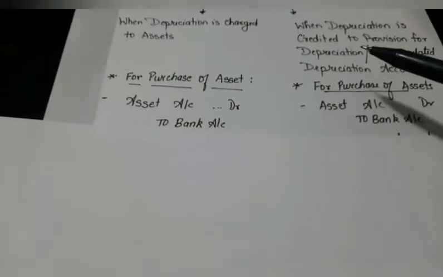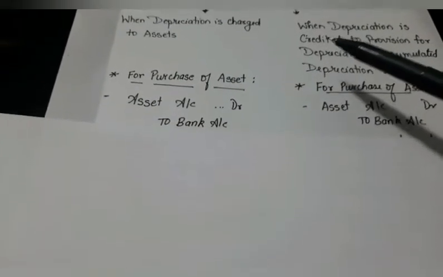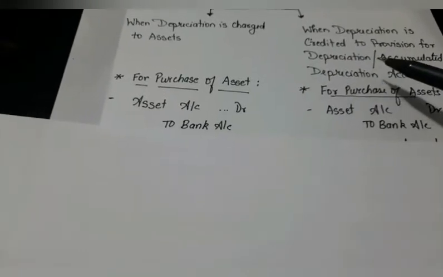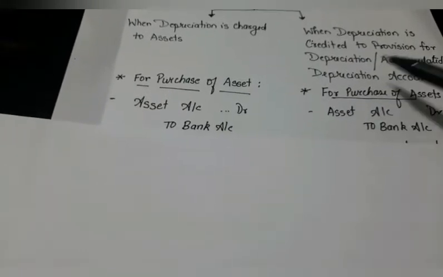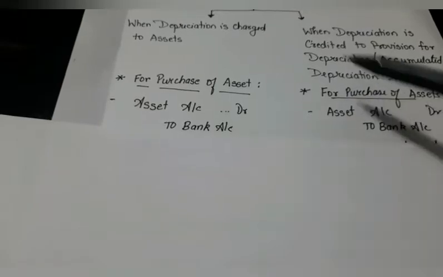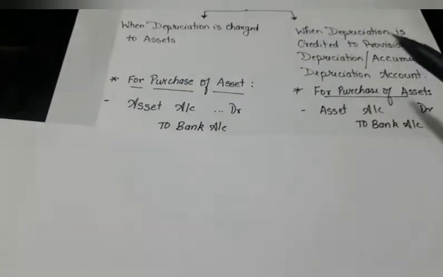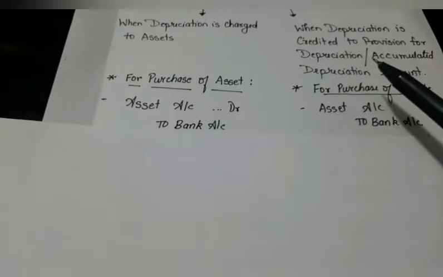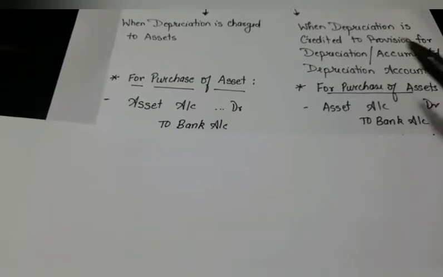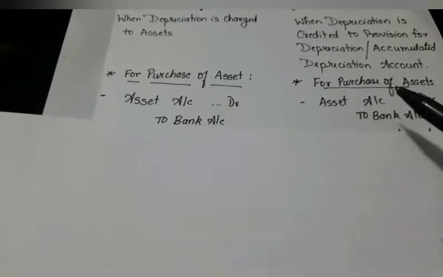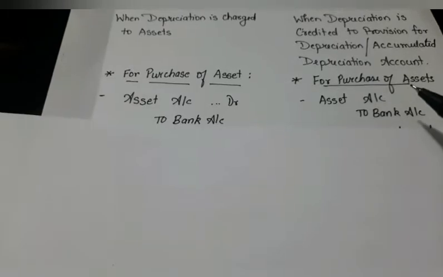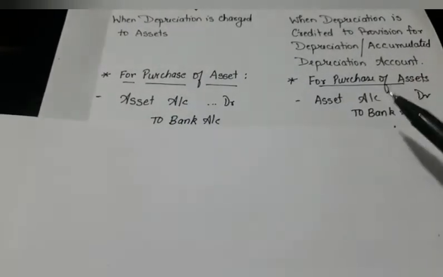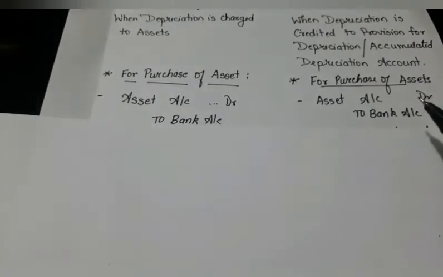We are just going through the journal entries when depreciation is charged to a separate account which is known as provision for depreciation. So instead of charging it to asset, when we are charging this depreciation to a separate account which is known as provision for depreciation, what are the possible journal entries? The first entry is the common entry for both these methods, that is purchase of asset.